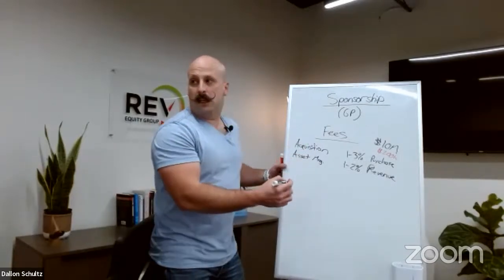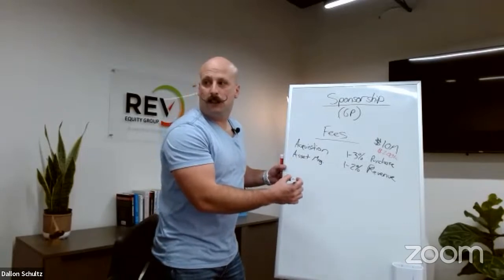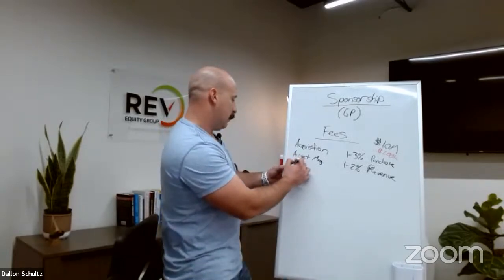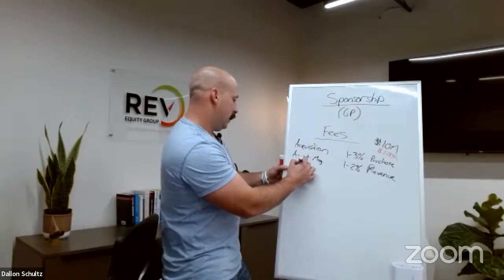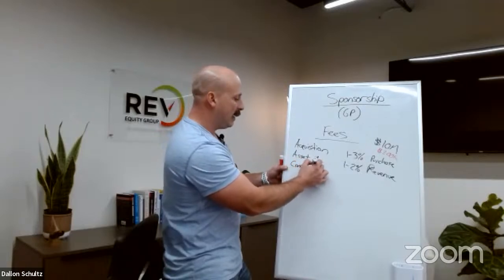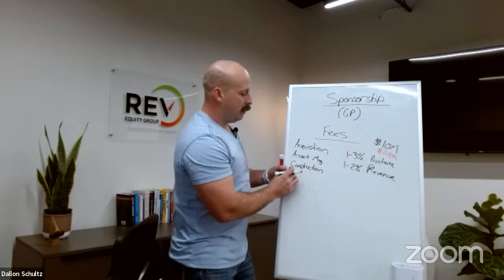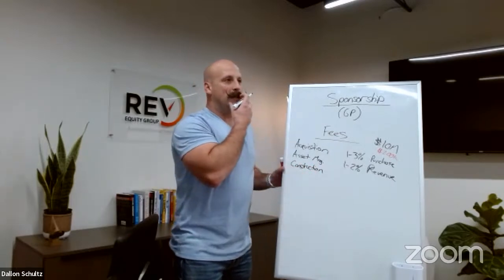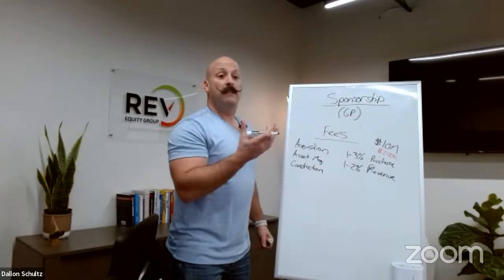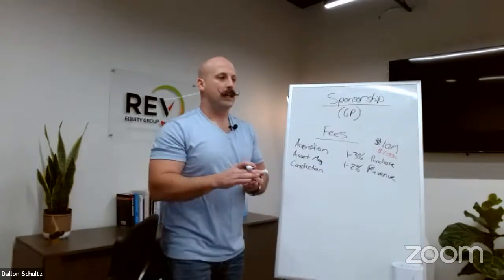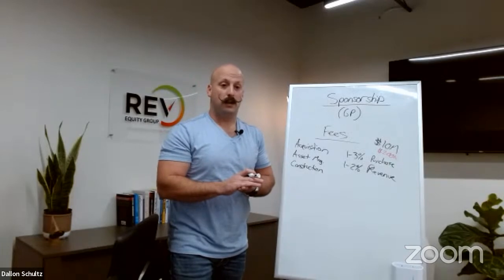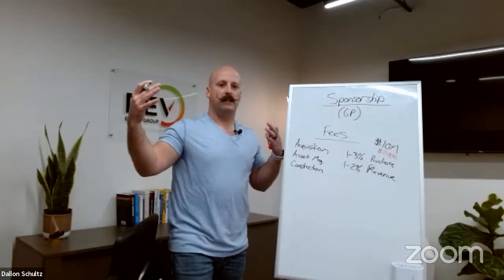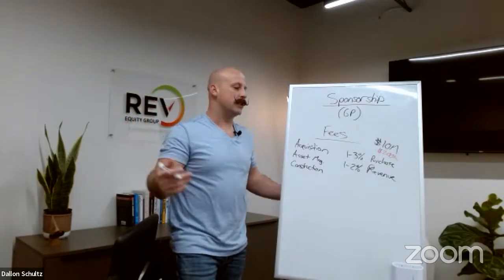Then you'll also see, depending on the project, you might see a construction management fee. And this is where you might see this, if it's a heavy value add deal and people are going in and they're putting in $15,000, $20,000 per unit and they're renovating 50 to 60% of the units.